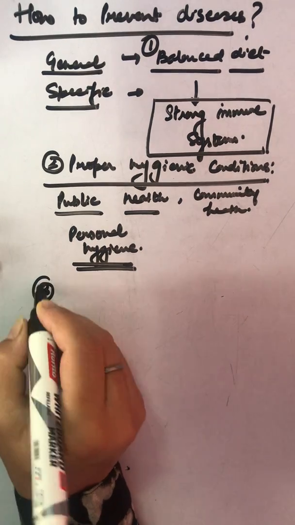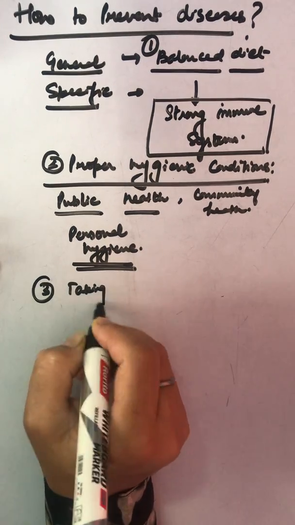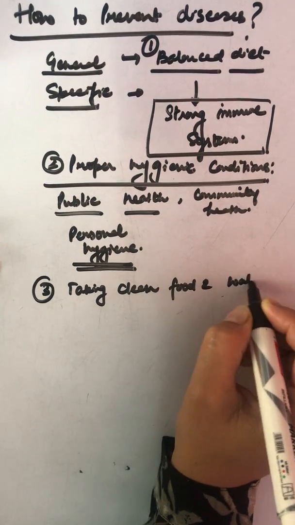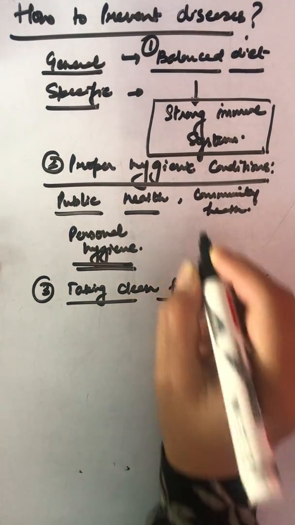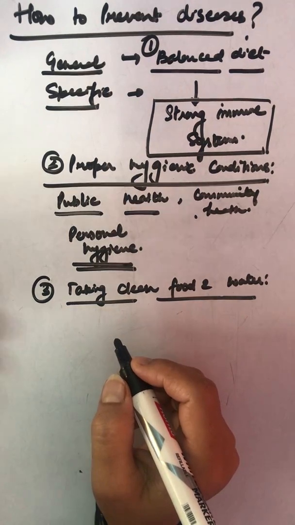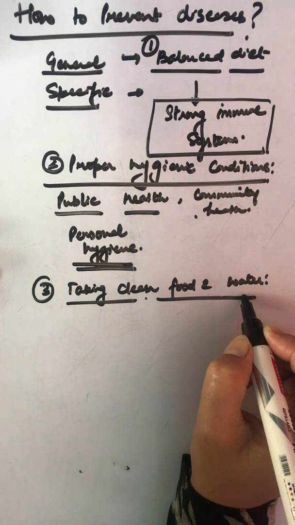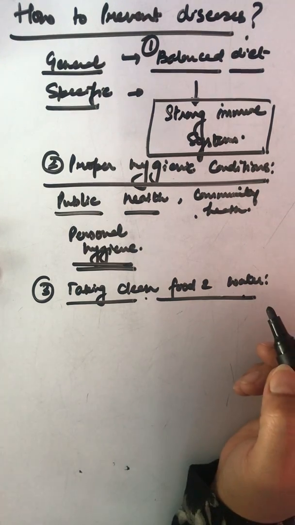Then third would be taking clean food and water. Now, how is this different from the above one? It is the duty of the municipal corporation to provide clean water in your area. Alright.